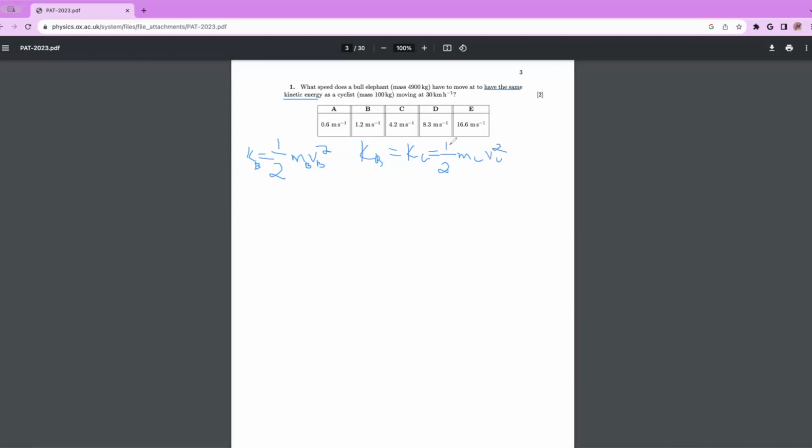But you'll notice that they gave us the speed, or velocity, I suppose, of the cyclist in kilometers per hour, and all the answer choices are in meters per second, meaning we have to do a bit of a conversion. So if you want to go from kilometers per hour to meters per second, you have to divide by a factor of 3.6 because you multiply by 1,000 to go from kilometers to meters, and you divide by 3,600 to go from hours to seconds.